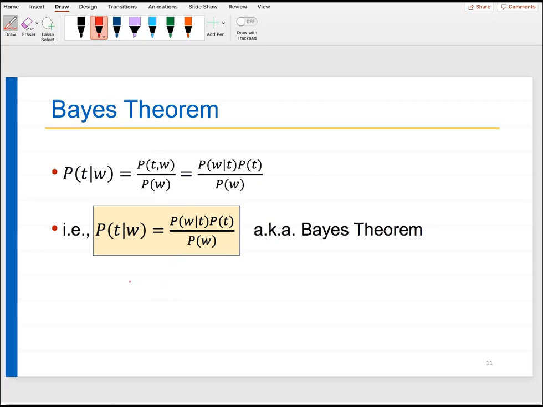For example, I ask you that given that the word which I have found is red, what is the probability that the topic from which it comes is rose?